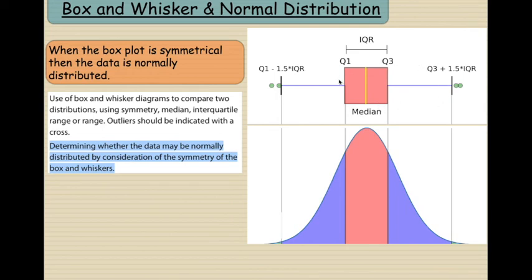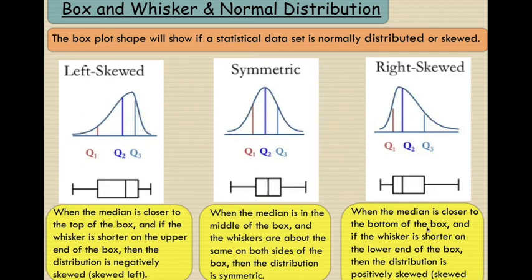So when the box plot is symmetrical, then you can say your data is normally distributed. Okay, that's when your box and whisker is symmetrical.